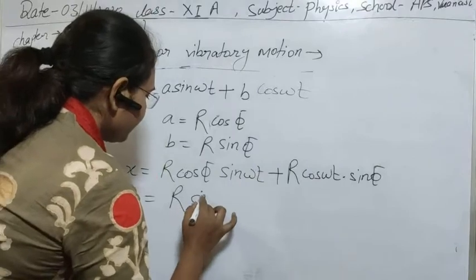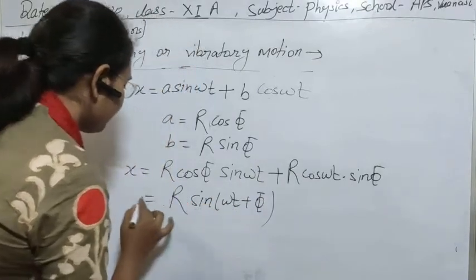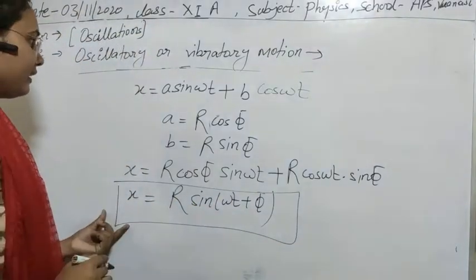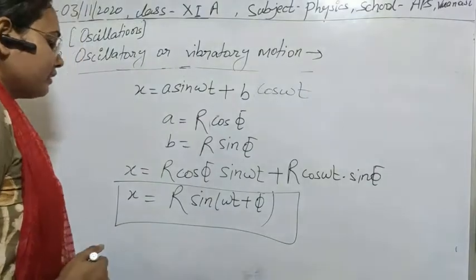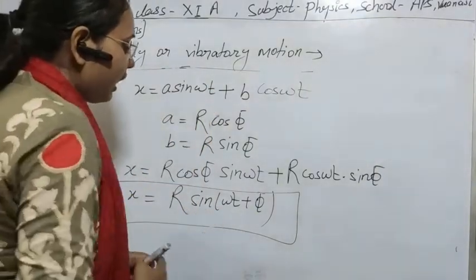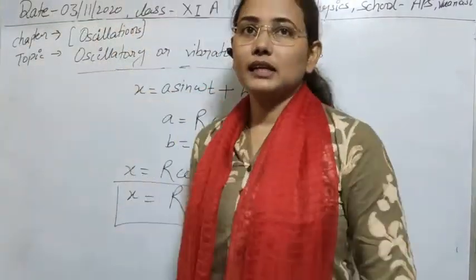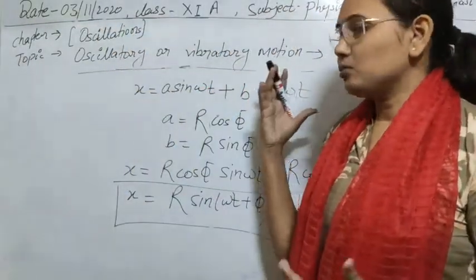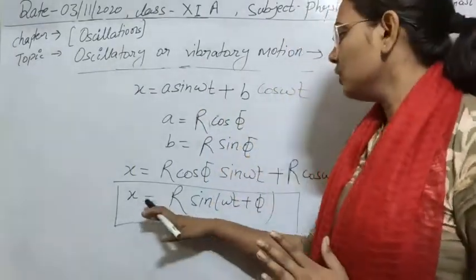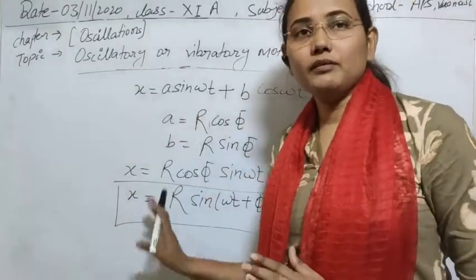So we can write here r sin(omega t plus phi). So the final wave equation obtained, the final motion, is in terms of a sine wave, and as sine waves are periodic, we can easily say that the superposition of two periodic motions is also periodic in nature. It can be proved with the help of this wave.